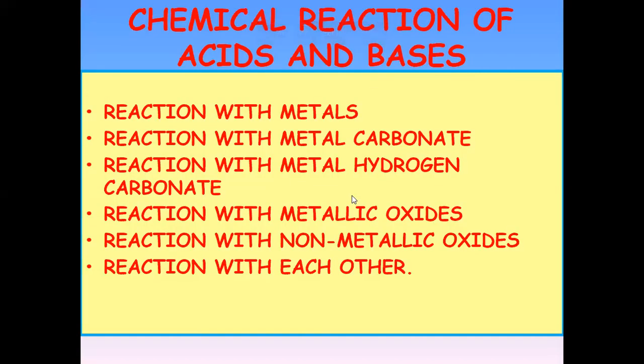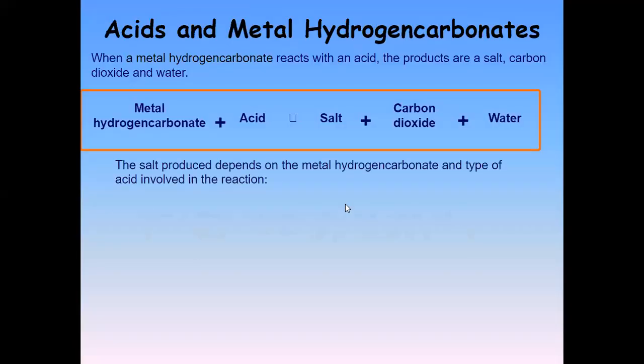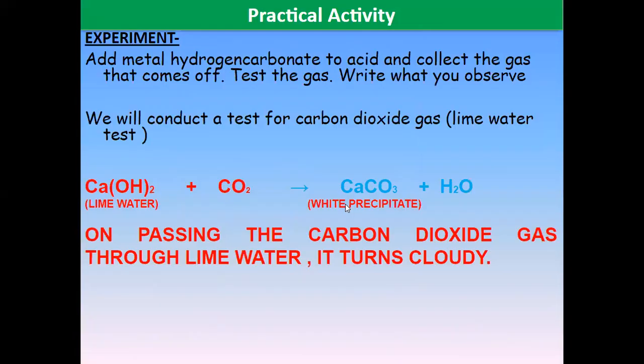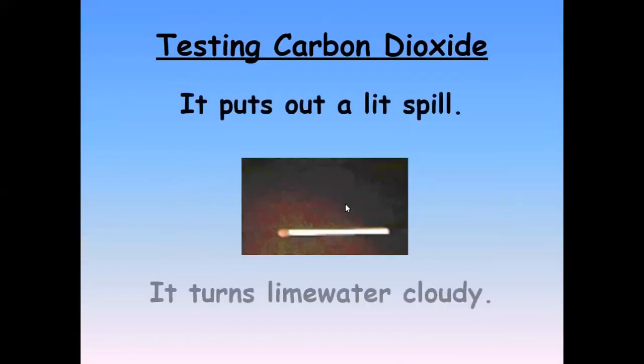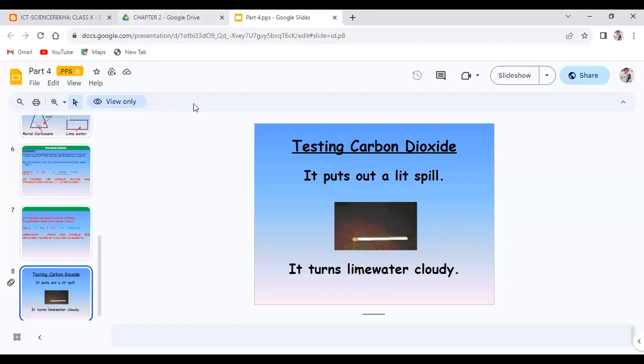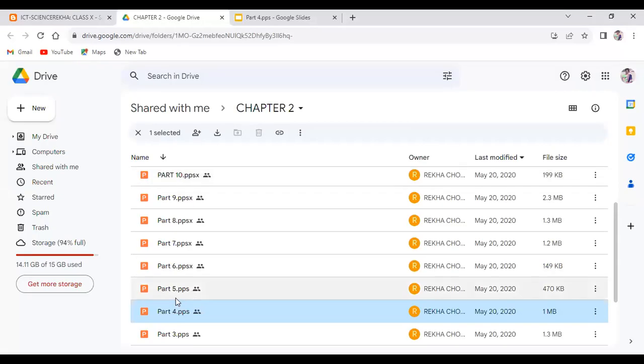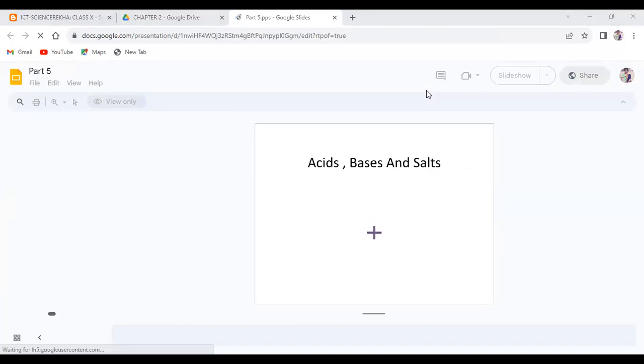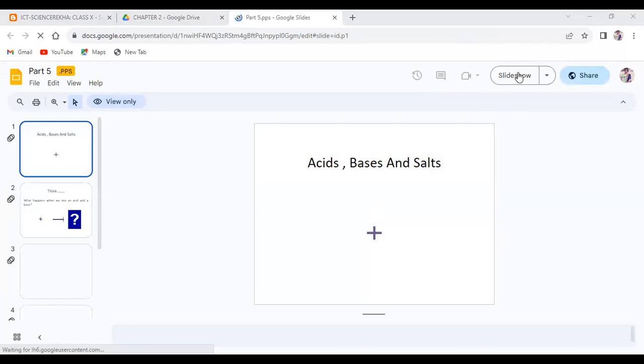Metal hydrogen carbonate, metal carbonate. These we have studied. Now we are going to study about the next slides. I have shared the screen with you. Acids, bases, and salts.